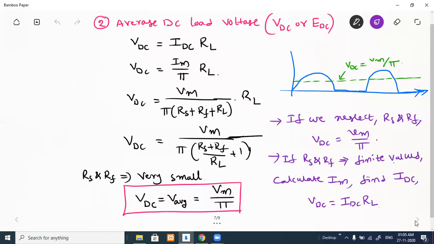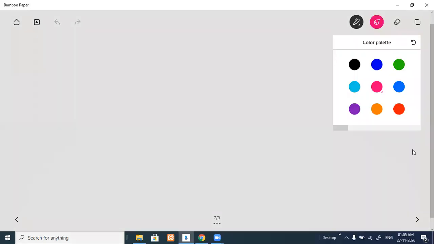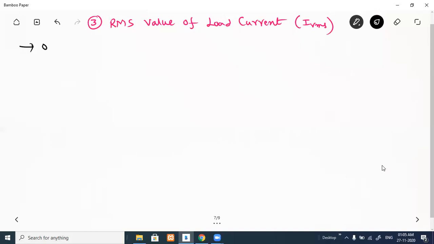Then coming to the third characteristic, it is the RMS value of load current, that is IRMS. Very clear, the output of a half-wave rectifier consists of an AC component.